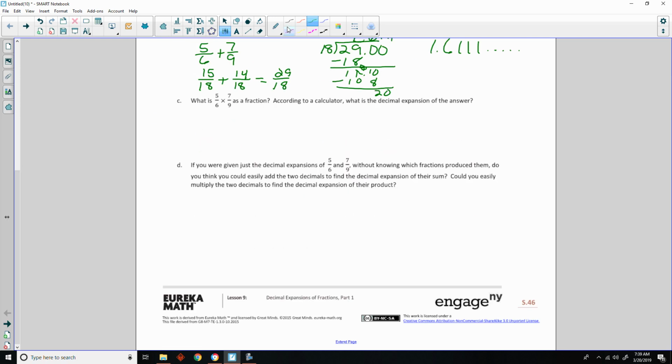Part C. What is 5 over 6 times 7 over 9 as a fraction? Remember, when we're multiplying, denominators do not have to be the same. You just multiply the numerators, 5 times 7, and the denominators, 6 times 9.